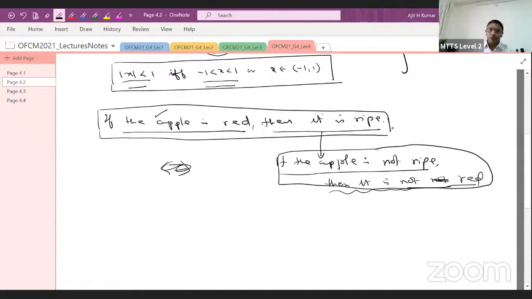So many times when I have to prove some statement like this, instead of proving this, we prove this statement. That is, if the apple is not ripe, then it cannot be red. This is what is called contrapositive. This is the contrapositive of the given statement.